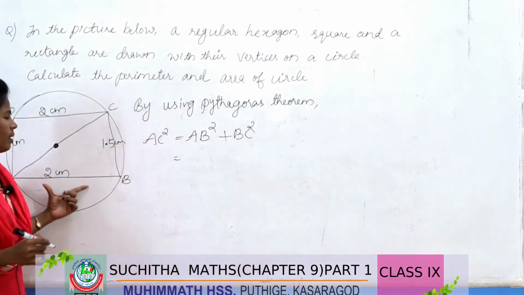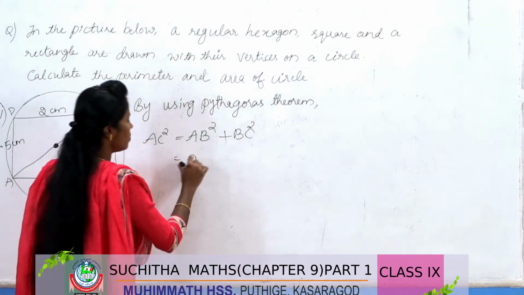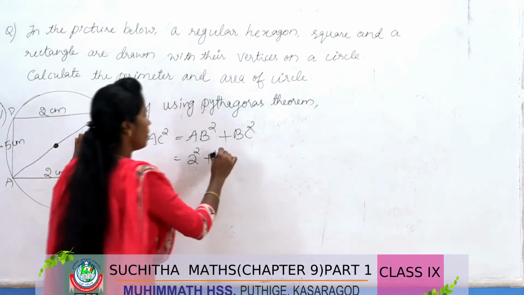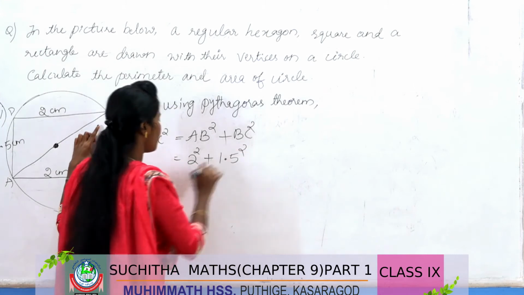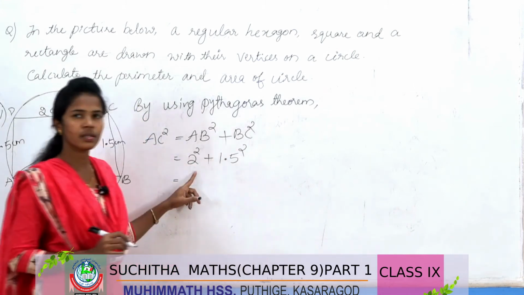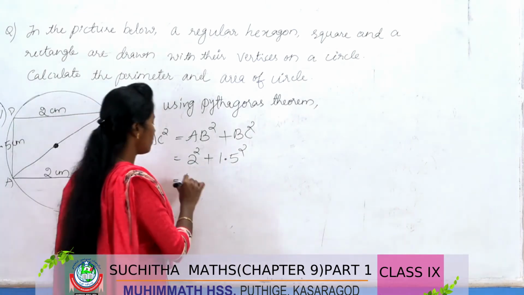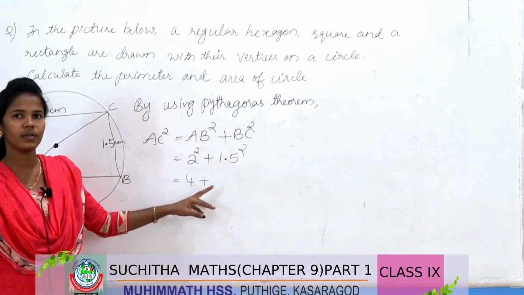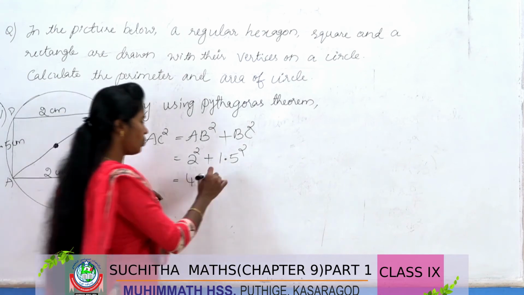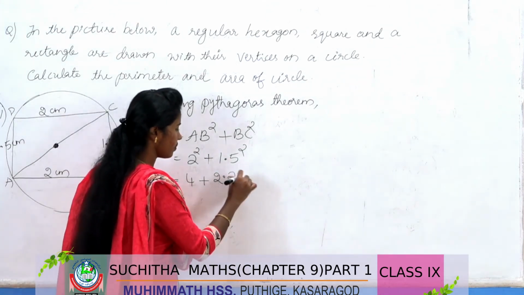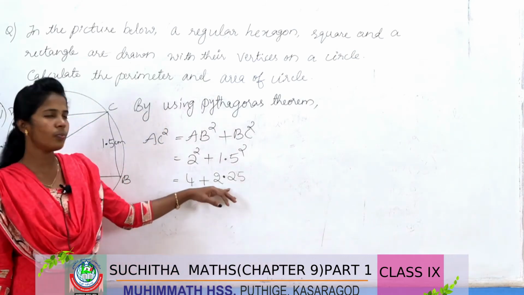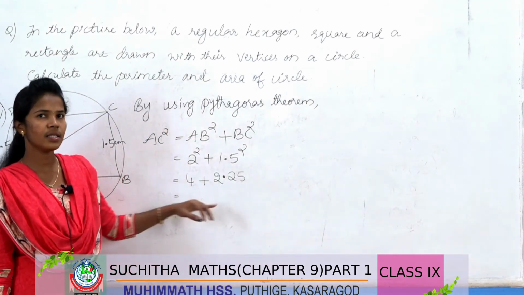Length of AB is 2, that is 2 square plus length of BC is 1.5 square. 2 square is 4, 2 into 2, that is 4 plus 1.5 square. 1.5 into 1.5 is 2.25, equal to 4 plus 2.25 is 6.25.